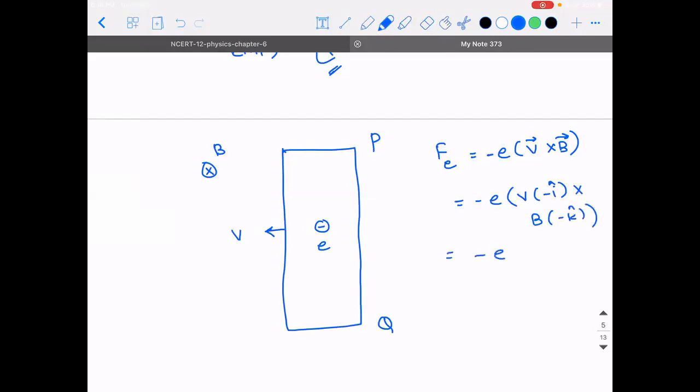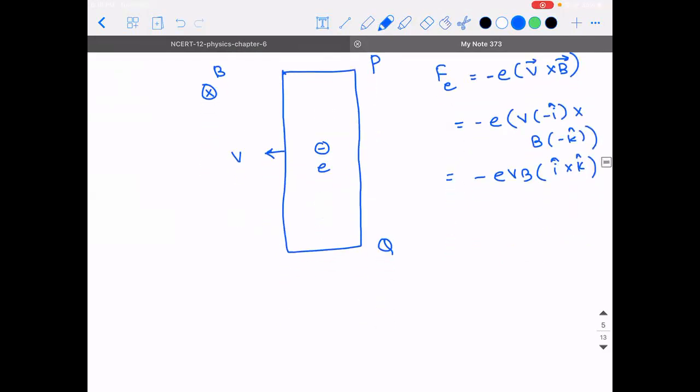If I take evB outside, i cap cross k cap is how much? It is minus j cap. So minus evB into minus j cap, which is evB into plus j cap. This is the value of the force experienced by the electron. Are you able to understand?